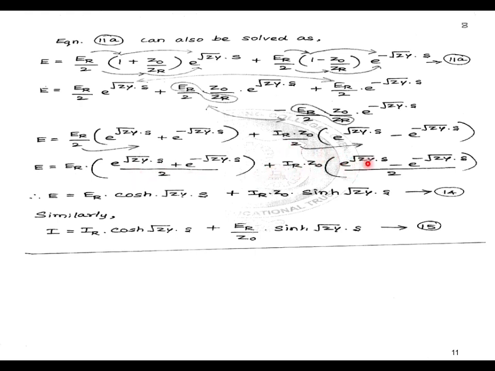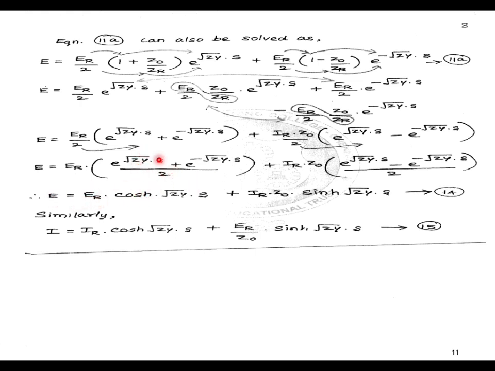So we get e power root of ZY S plus e power minus root of ZY S, plus, likewise taking IR Z0 divided by 2 outside, we get e power root of ZY S minus e power minus root of ZY S.